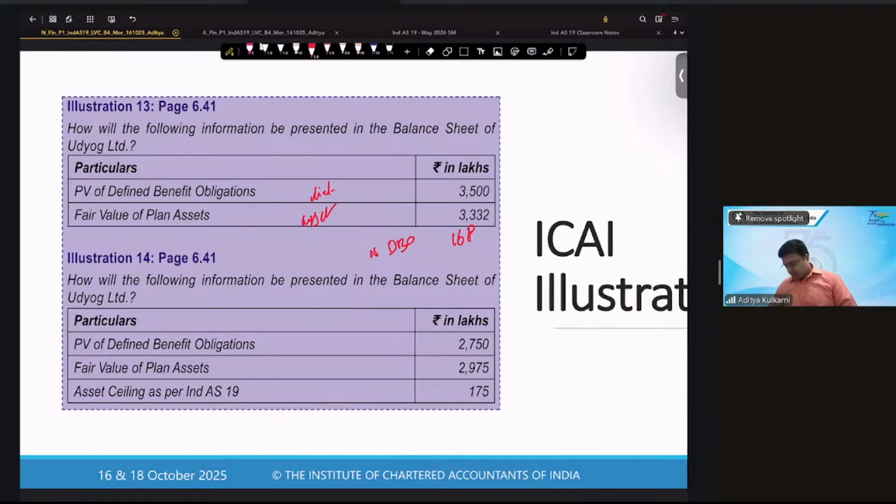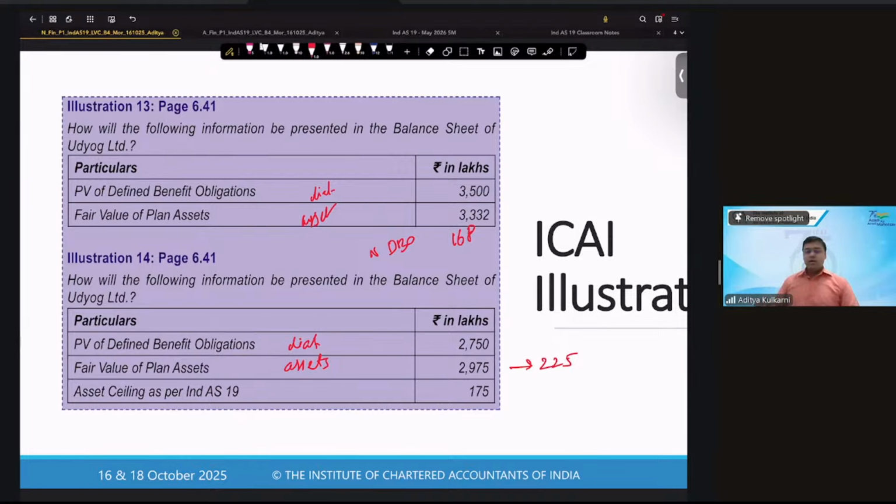All right. Now, see, how will the following information be presented? Again, same. 2,750 is your liability. Plan assets is 2,975. So 2,750 minus 2,975 comes to 225.